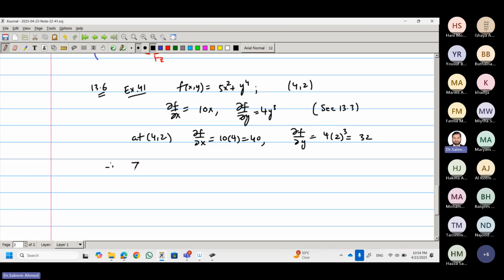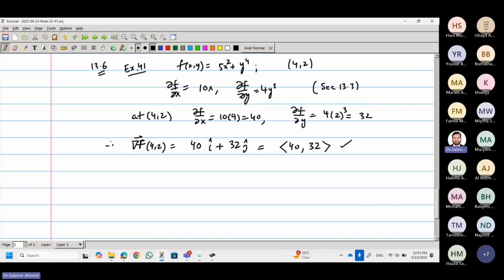Therefore, my gradient of f at the point (4, 2) is partial f by partial x, 40, with i, plus partial f by partial y, 32, with j. Or you can write just <40, 32> in the angle brackets, right? So angle bracket or ij notation, both can be used. If there is a z as well, you will have a third component.